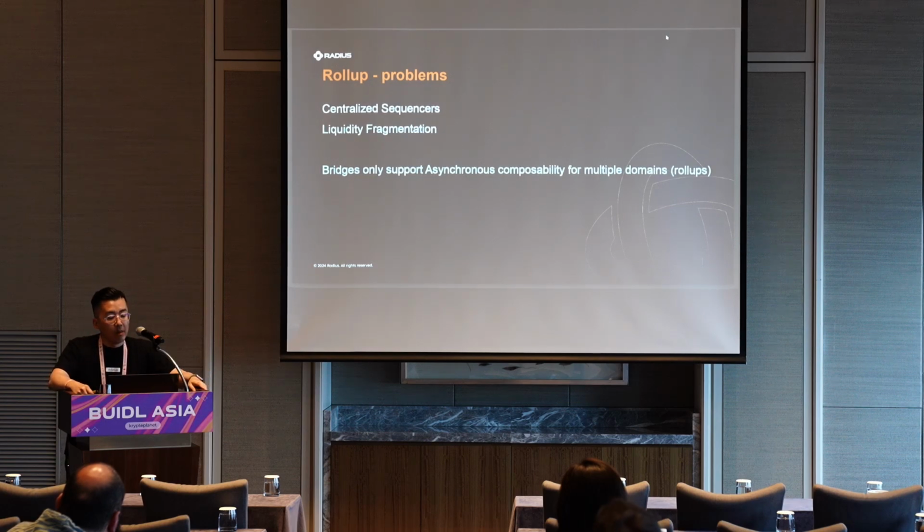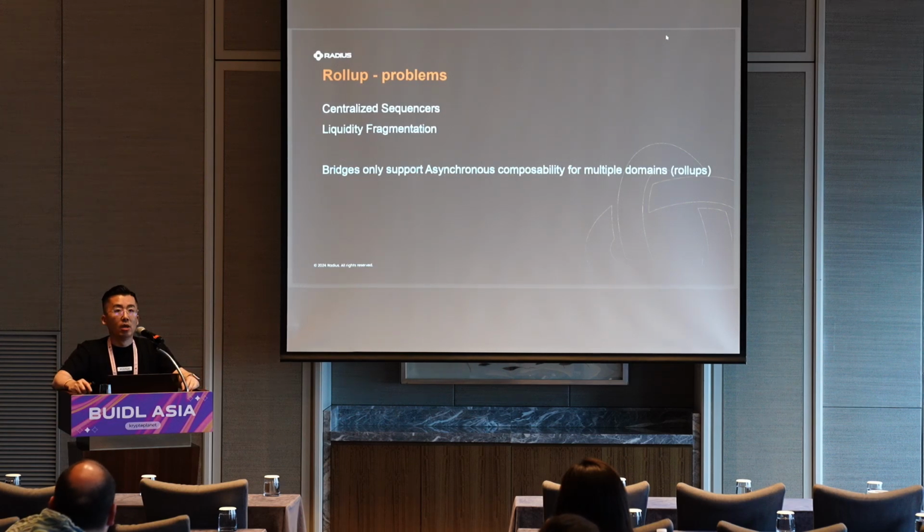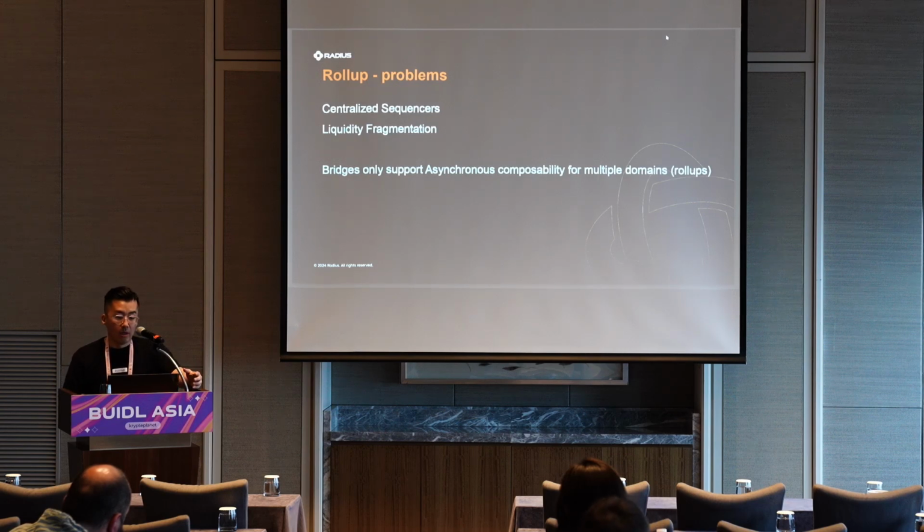There are some solutions for this liquidity fragmentation, such as bridges. But you may have witnessed some really big hacks happen with bridges. So it's not a safe way to support interoperability between rollups.